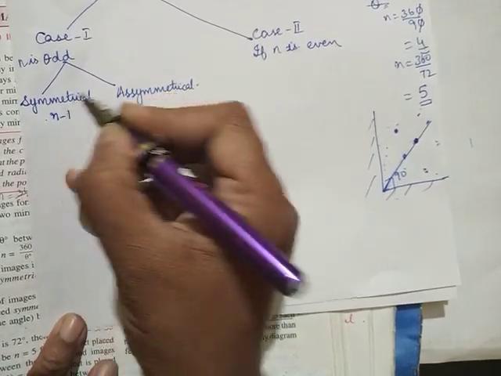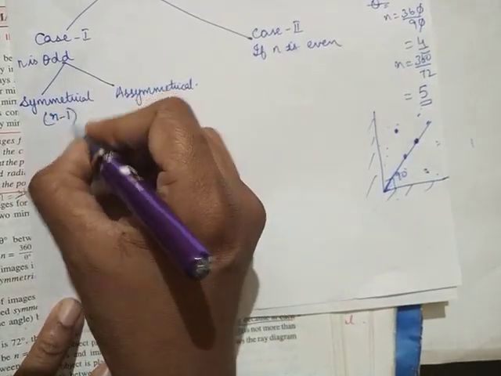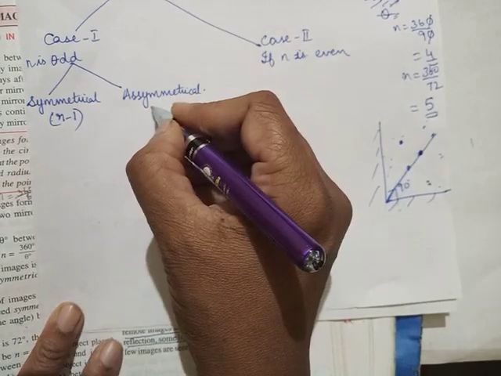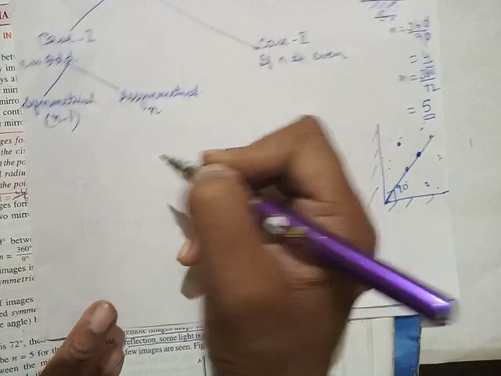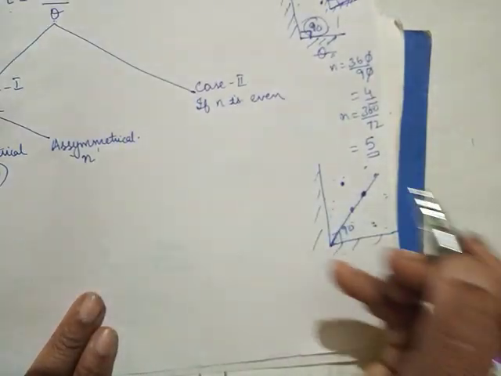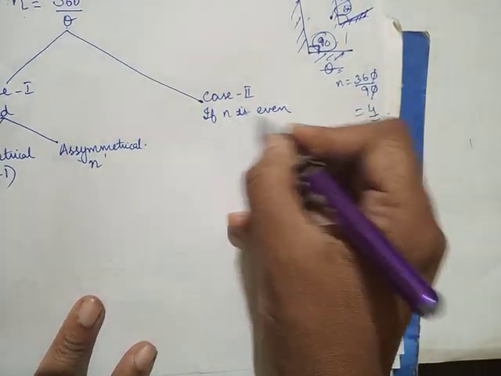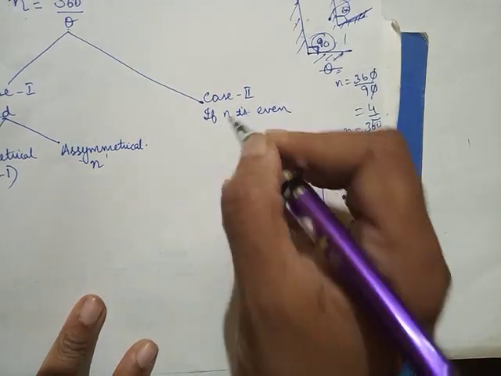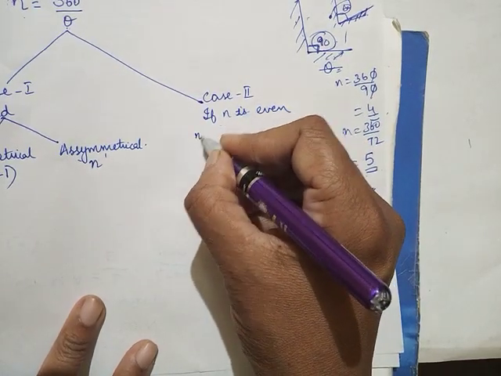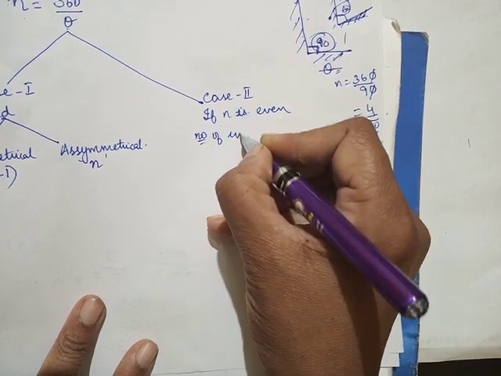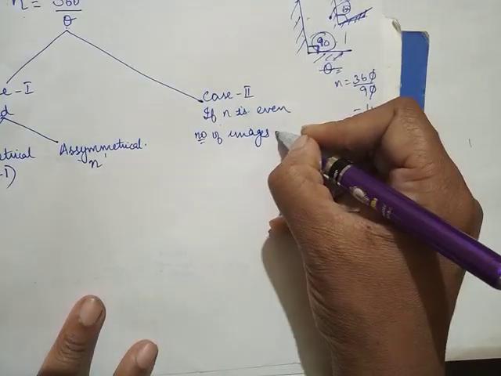If the object is kept symmetrical, then the number of images will be n minus 1. If it was kept asymmetrical, then the number of images will be just n. You understand this now? When we do a numerical, you will understand. If n is even, whether it is symmetrical or non-symmetrical, the number of images will always be n minus 1.